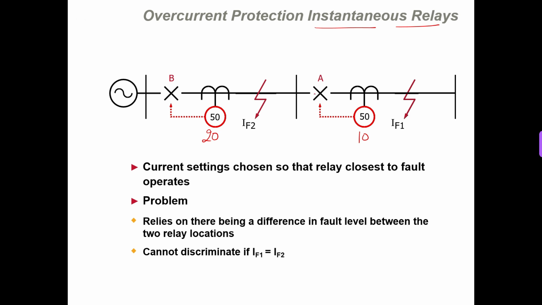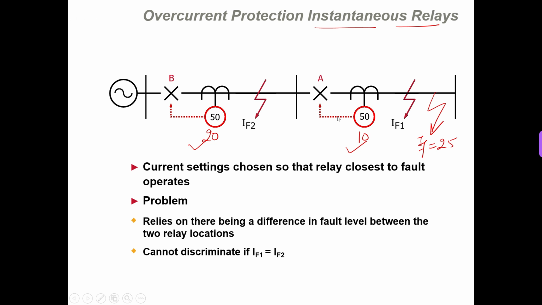But the problem with the instantaneous relay is, suppose there is a fault at this point and your fault current IF is, suppose, 25 ampere. Now, this 25 ampere is more than this, and also this 25 is more than this. That means for this particular type of fault, both relay B and relay A will operate. But ideally, we wanted only relay A to operate. So this is now a problem.